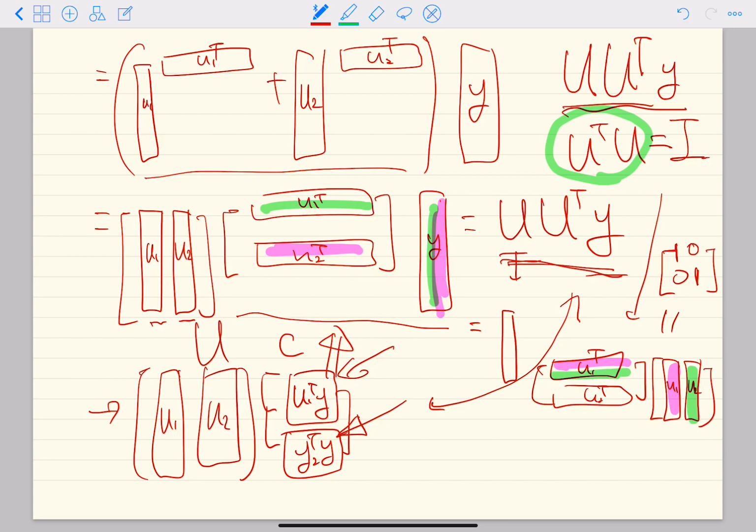Okay, any questions? And this orthogonal projection, I'm not sure if I discussed these properties, but from this perspective, orthogonal projection represented in this manner is basically a linear transformation, when considering this U transpose as a single matrix A, and then A times y.